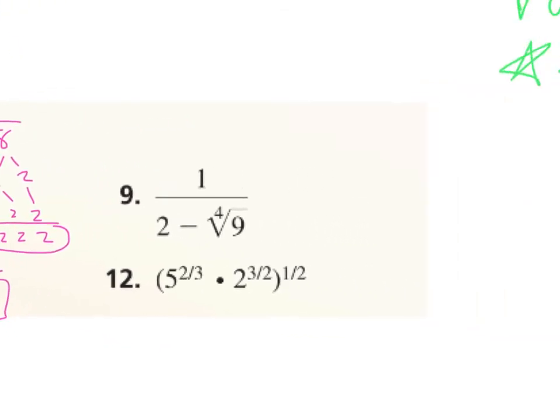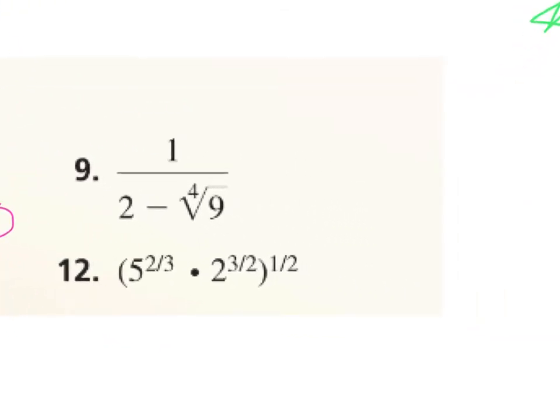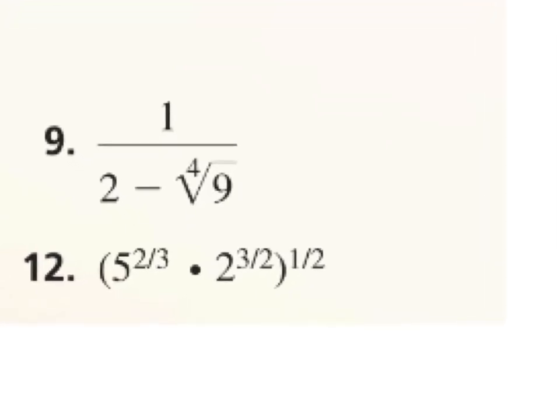All right, number 9. Here we have 2 terms in our denominator. What do we do to get rid of those? Yeah. Perfect. We multiply it by its conjugate, so this would be times 2 plus the 4th root of 9.